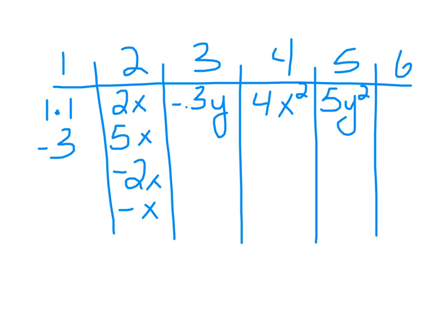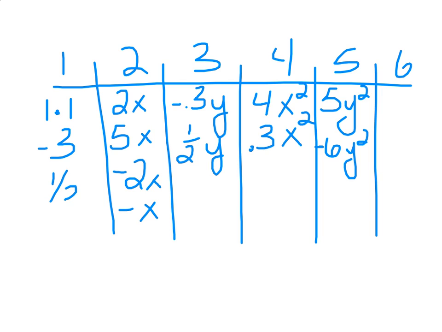I had just a -x in one of the cards. We would have a -6y squared here. We could have a 1/2 y. There was a 0.3x squared. There was a 1/3. There was a bunch of different ways.